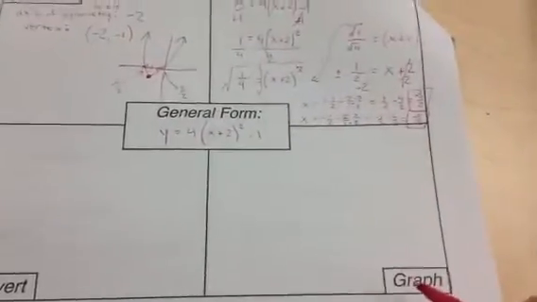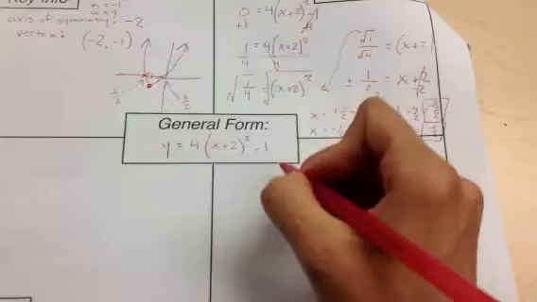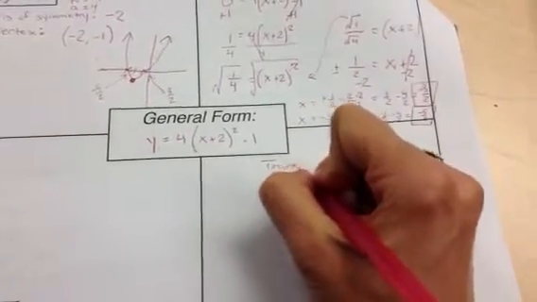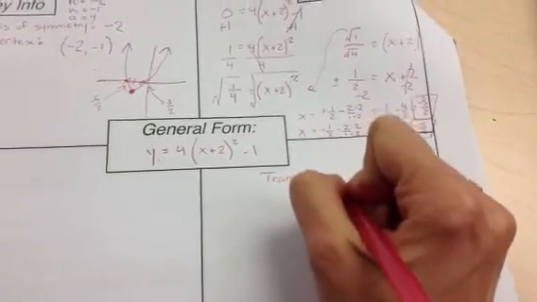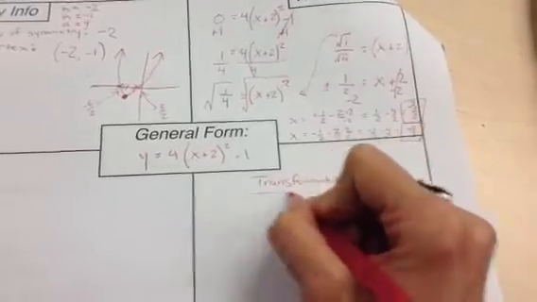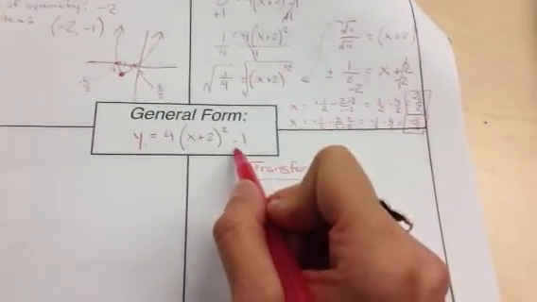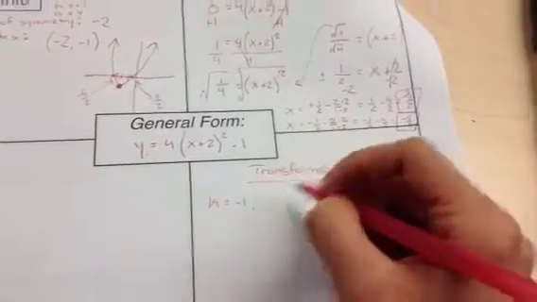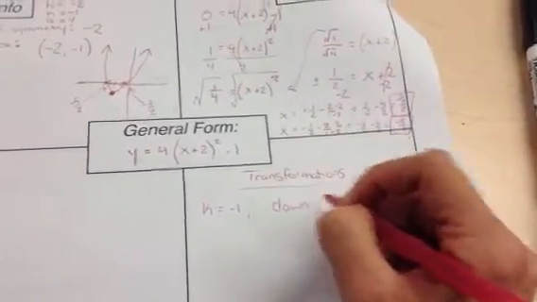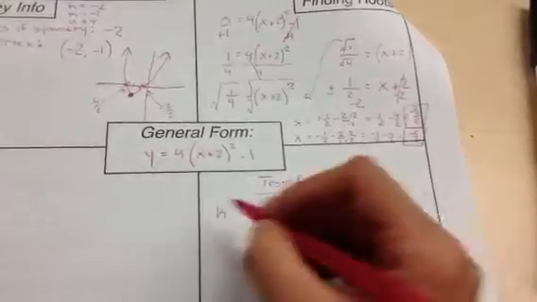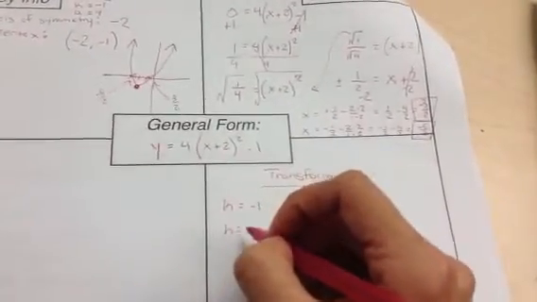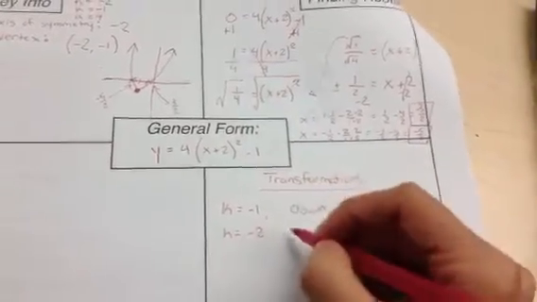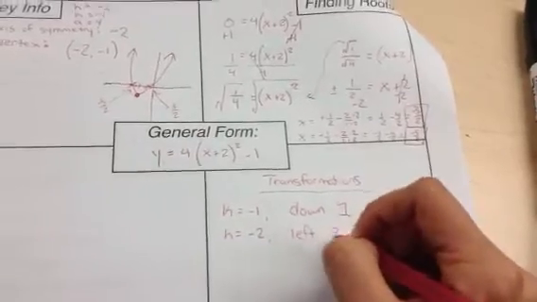Okay, now I'm going to talk about the transformations. So, because my k is equal to -1, that means I'm going down 1 on the graph. Because my h is equal to -2, I go to the left 2.